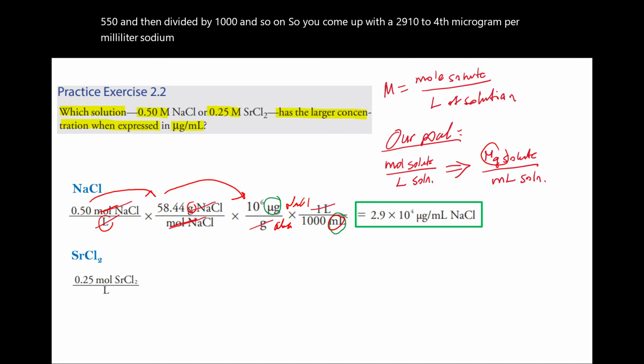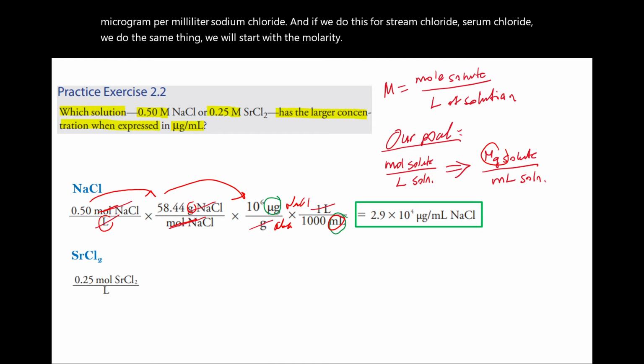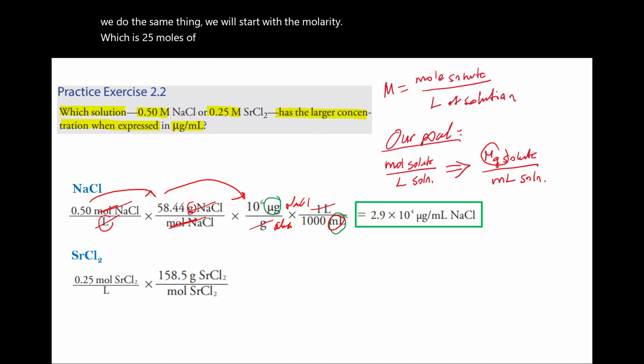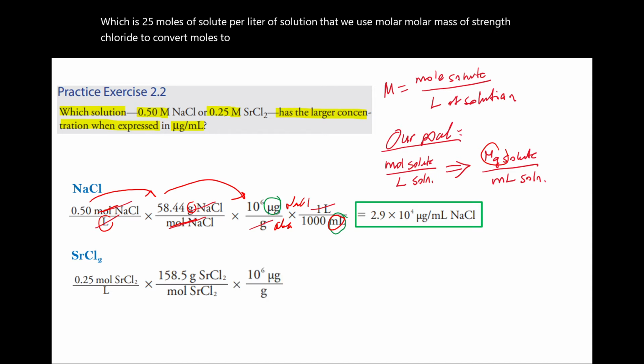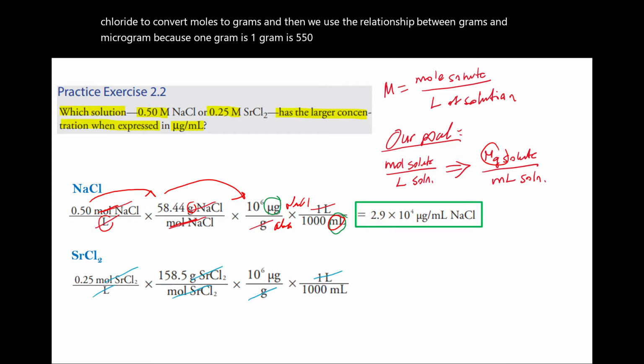And if we do it for strontium chloride, we do the same thing. We will start with the molarity, which is 0.25 moles of solid per liter of solution. We use molar mass of strontium chloride to convert moles to grams, and then we use the relationship between grams and microgram, because 1 gram is 10 to 6 microgram, and then the liters to milliliters.